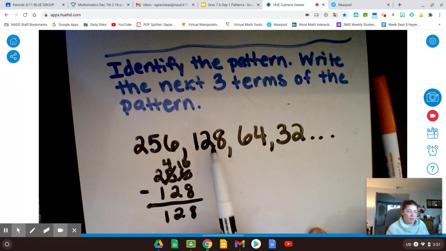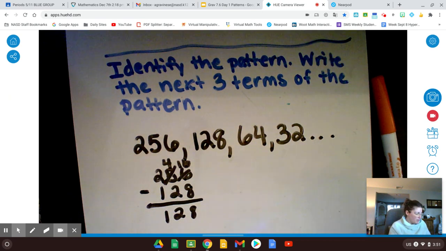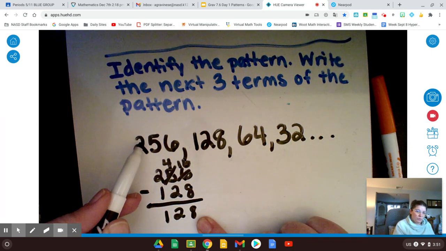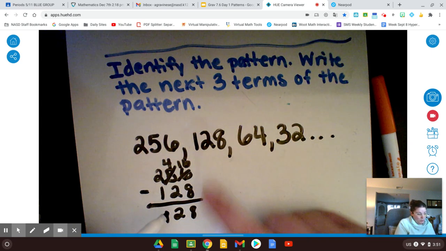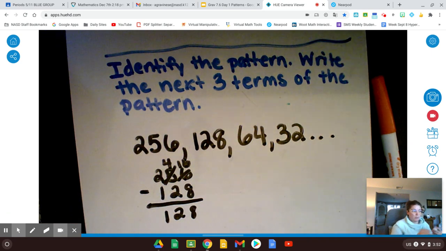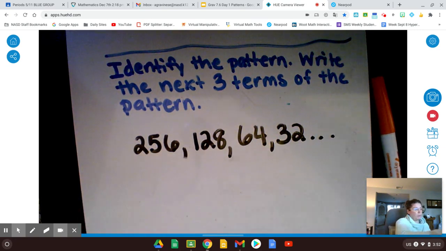If I apply that and do 128 minus 128, I don't get 64. So it's not subtracting 128. But wait a minute. If I cut 256 in half, I get 128. And I know that because when I subtract it with 128, I get 128. That's the same thing as cutting it in half. Cutting it in half means I divided it by 2.